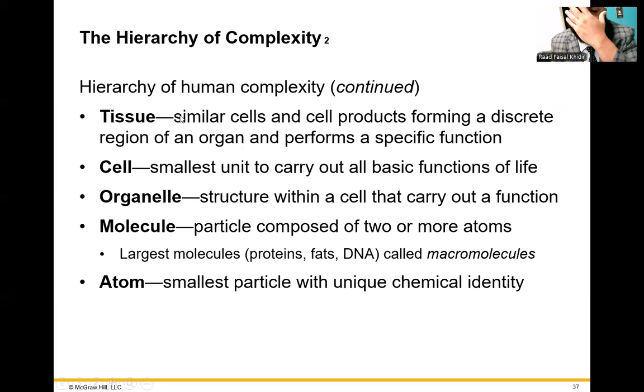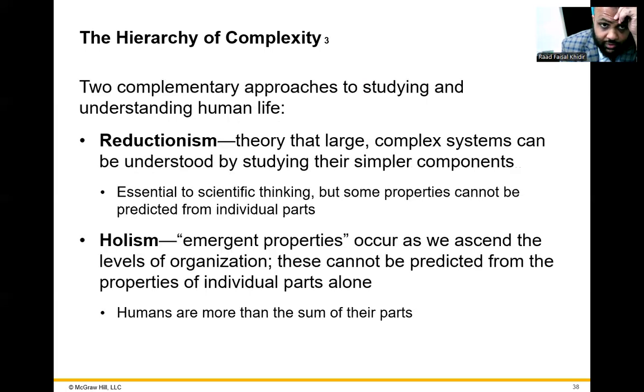Then a tissue is a group of similar cells and cell products forming a discrete region of an organ and performing a specific function. Cells are the smallest unit to carry out all basic functions of life. Then an organelle is a structure within a cell that carries out a function. The molecules are particles composed of two or more atoms.